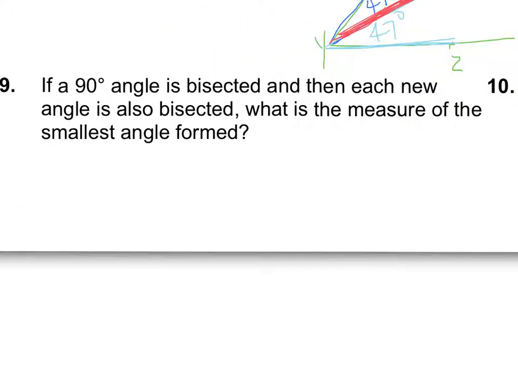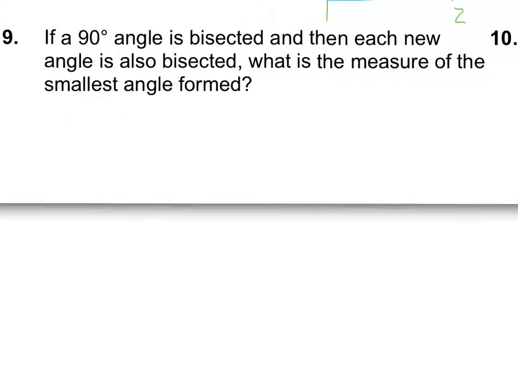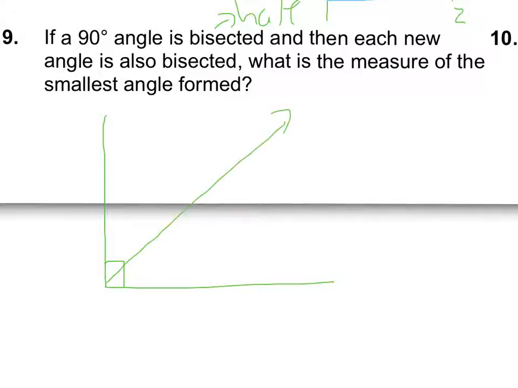Number 9 says if a 90-degree angle is bisected, so let's draw a picture. 90-degree angle means it's a right angle. So bisected means it's split in half. So if I bisect a 90-degree angle, well, that means that the top part is 45 and the bottom part is also 45.